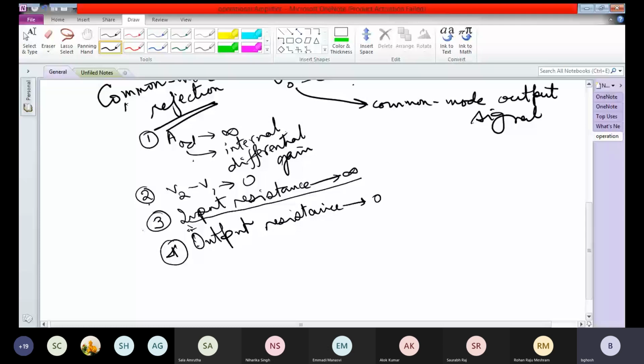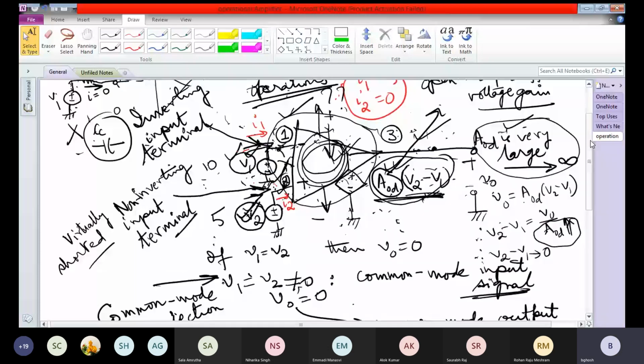So this is R0, the output resistance. So that means what? The output load. So the output voltage here is the output voltage.